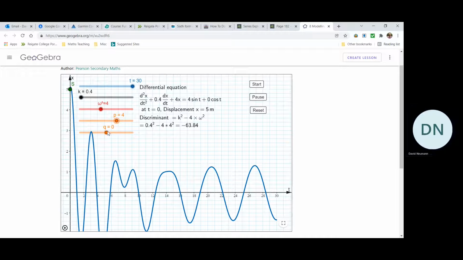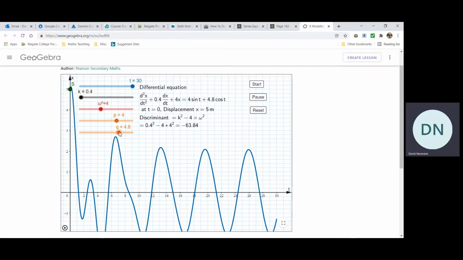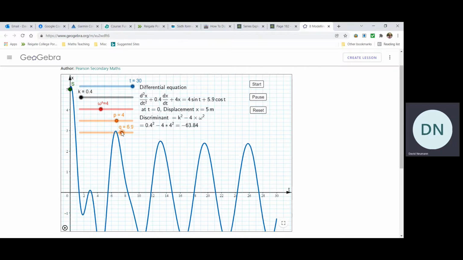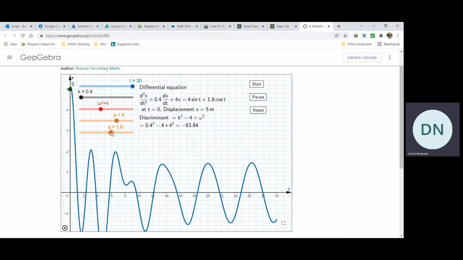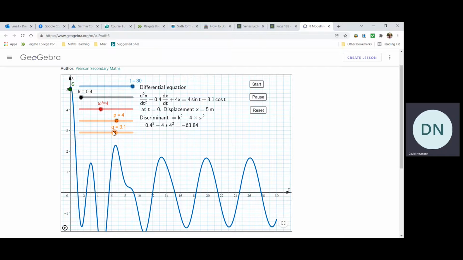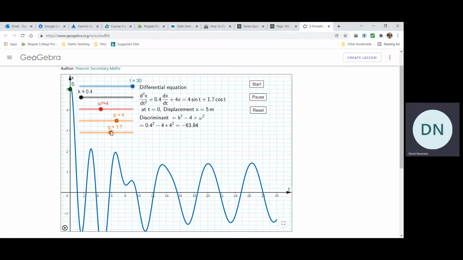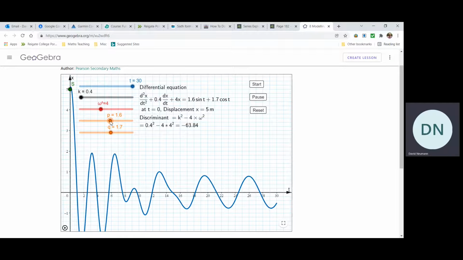If we put in q as well, that's really just a combination of the two trig functions, and we can work out what the amplitude is going to be from the r that we would get if we turn this into r cos(theta plus alpha). So it's just going to be the square root of 4 squared plus 1.7 squared. Let's just bring that back down a bit.